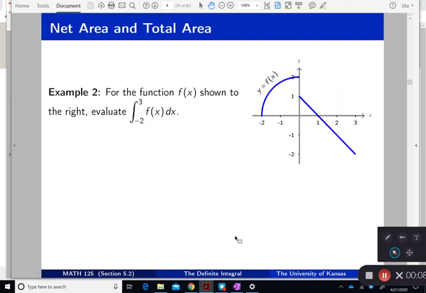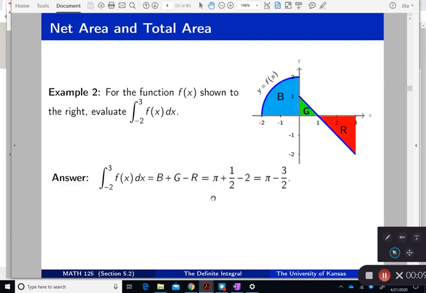Okay, net area and total area. What's the difference between them? Net area, again, is the area underneath the positive part above the x-axis, minus the area above the negative part below the x-axis. And that's the net area.